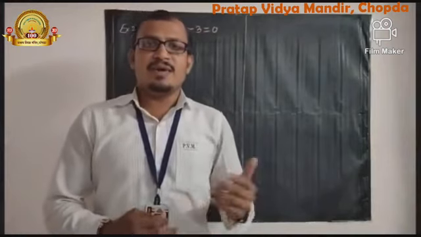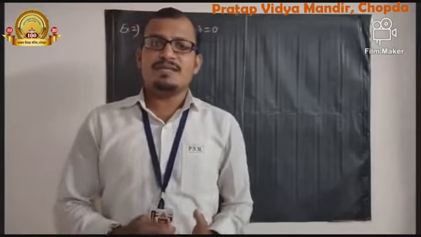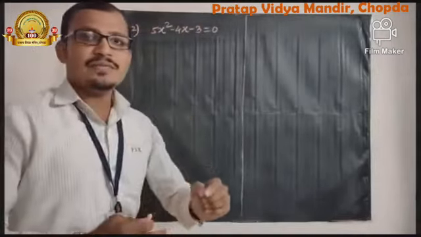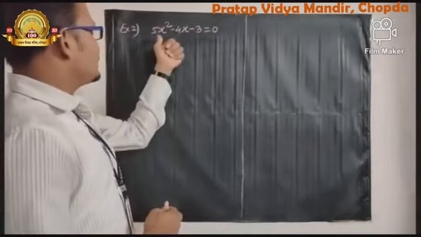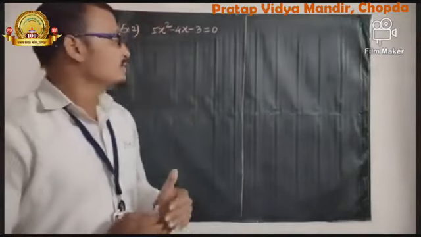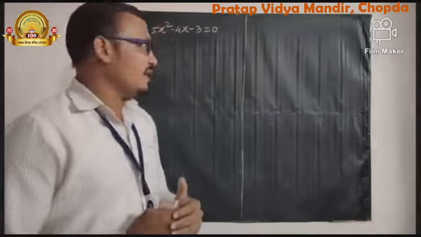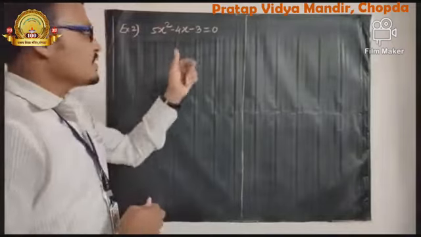Friends, while solving any quadratic equation by completing square method, always remember one thing: first make the coefficient of the first term 1. Since here the coefficient of x square is 5, we have to make this coefficient of x square 1. For that, we have to divide this whole equation by 5.